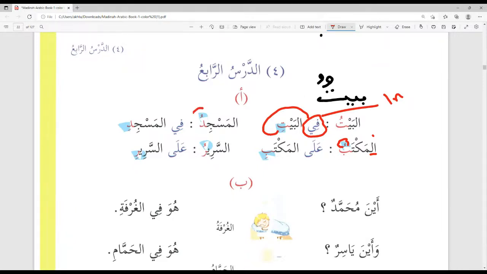Al masjidu, fil masjidi. So we have the mosque, fil masjidi, in the mosque. And the best way to explain this, for example, we have the word ism, and we have Allah, the name of Allah.